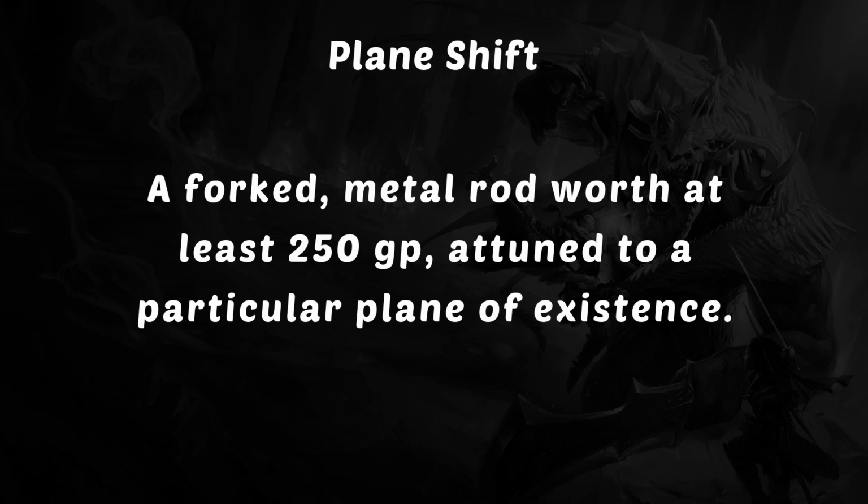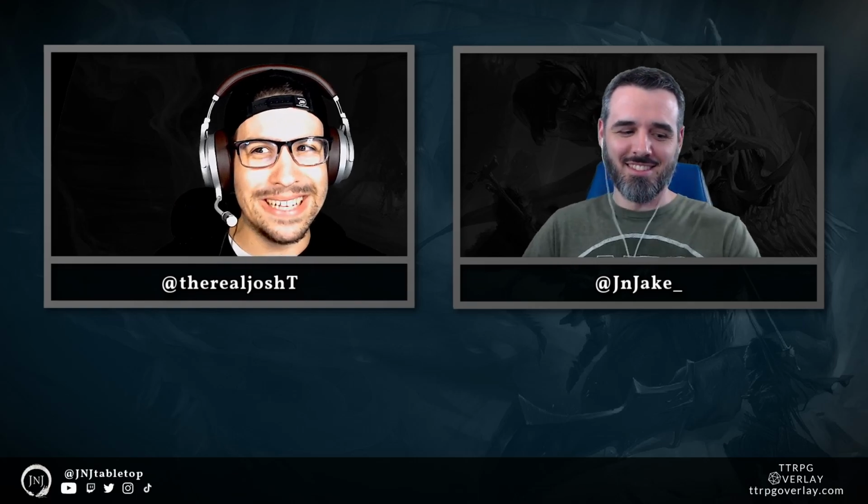It could be spells, which the one that we were thinking of requires a forked metal rod worth at least 250 gold pieces. But the part that I think people forget is that it is attuned to a particular plane of existence. That plane of existence that it's attuned to should probably be the one that you're able to get to.